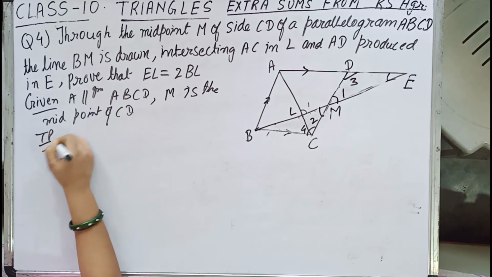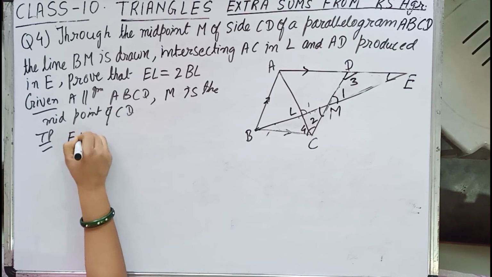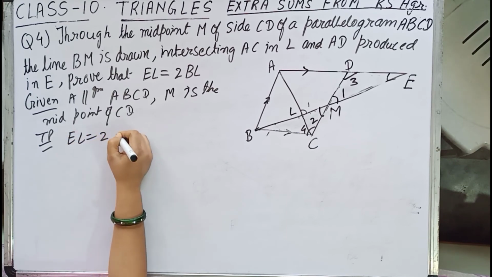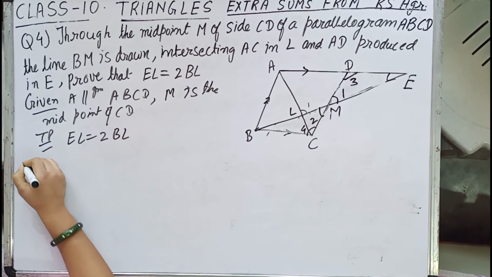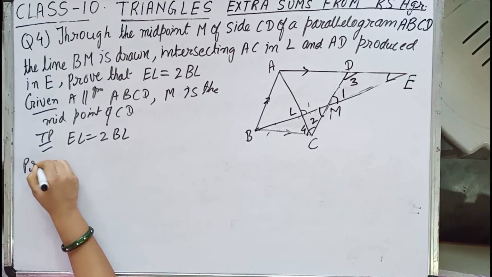To prove: EL equals twice BL. Now the proof part.